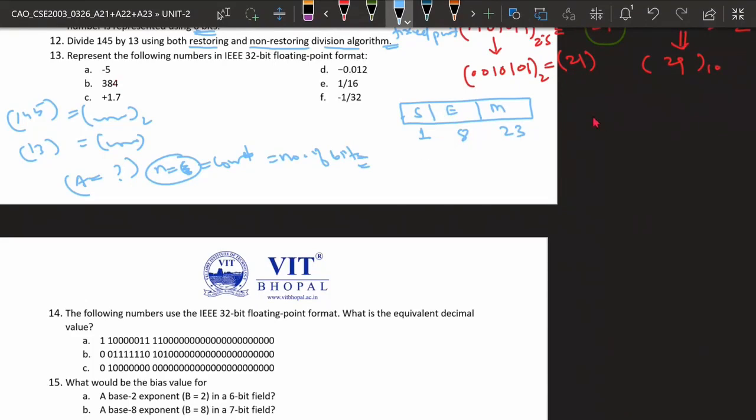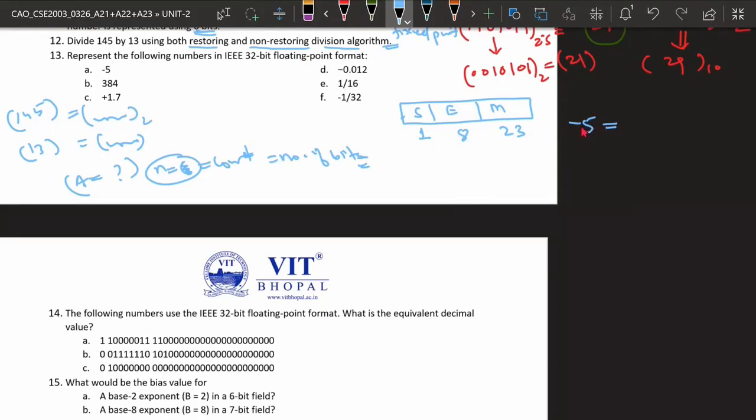So for -5, we have already seen this in the previous class, at the starting of the class also. If you want to represent -5 in floating point representation in single precision, you first need to convert it into binary.